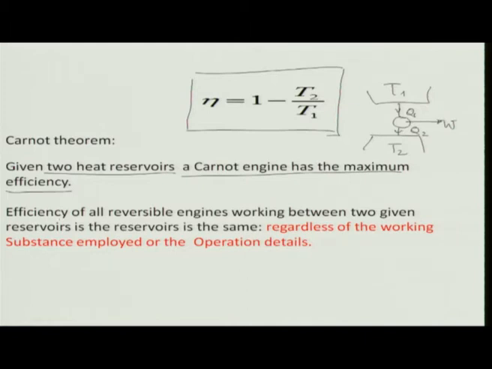Furthermore, the efficiency of all reversible engines working between two given reservoirs, that means T1, T2 fixed, is the same. Secondly, it is independent of the working substance or the operational details, the way I executed my thermodynamic operations. This is what I called the Carnot theorem.